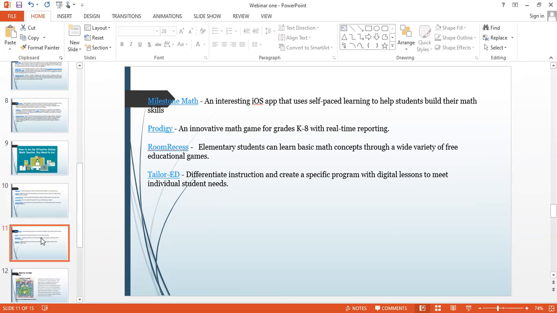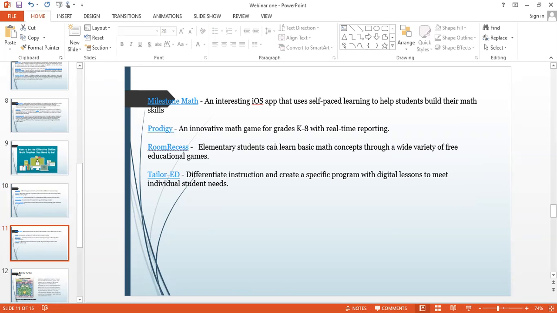Prodigy, an innovative math game for grade 8 with real-time reporting. So in this we can even keep an eye on the real time, how much time students took for completing that task. Next is Room Races.